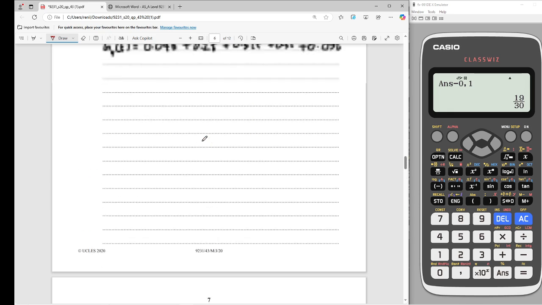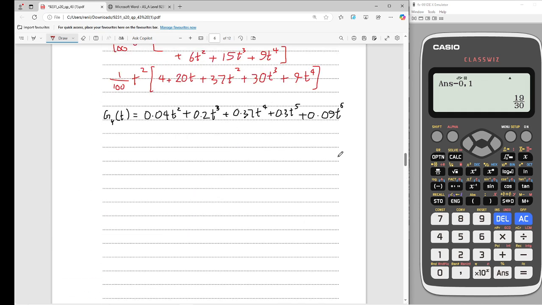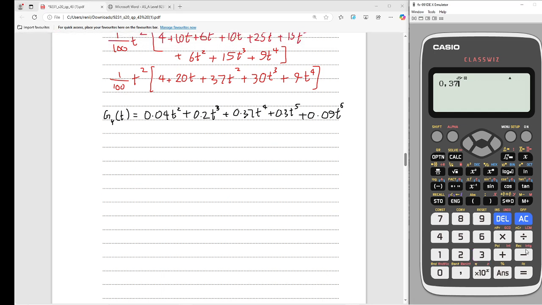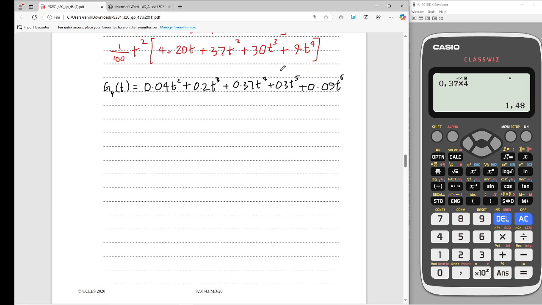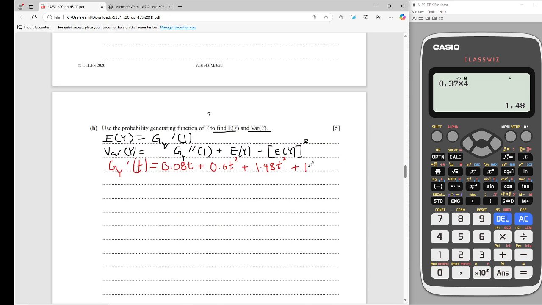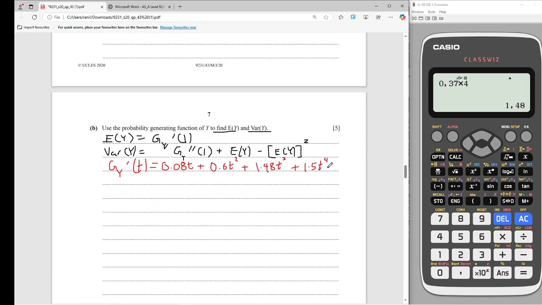This is added on with our next one, which is 0.2 times 3, t squared, plus 0.37 times 4, I think, let me use the calculator, and we have here 1.48 t to power 3, plus now we have 0.3 times 5, which is 1.5 t to power 4, and finally 0.09 times 6, which is 0.54 t to power 5.